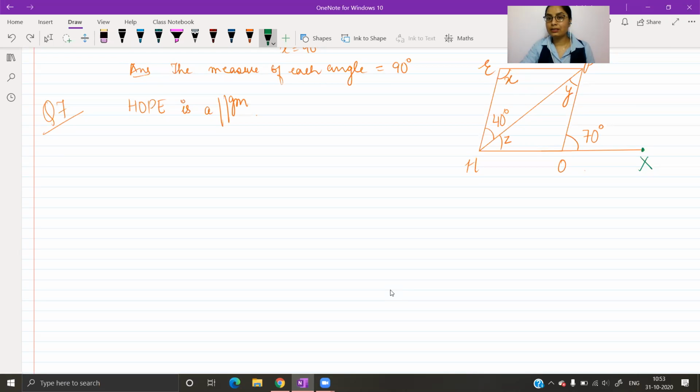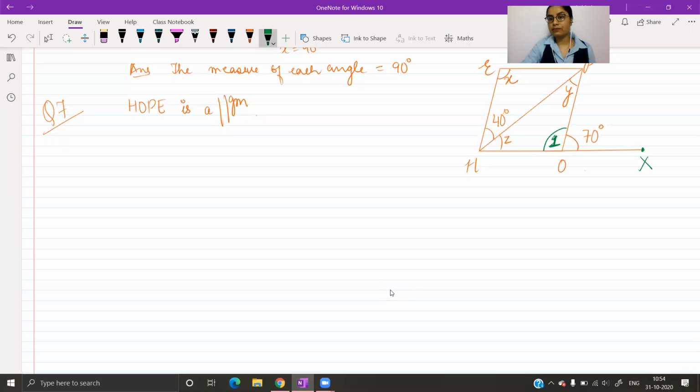Since these angles are in the interior, you would like to find out the interior angle of the triangle with the help of this exterior angle. And what I'm going to do is mark an angle here on my own. Let's mark this as number 1. So this angle, the one I have marked as 1, can be found by using this exterior angle, which is marked as 70 degrees.